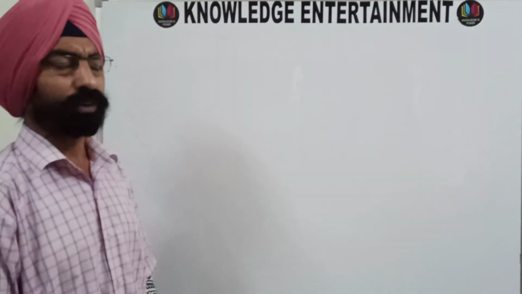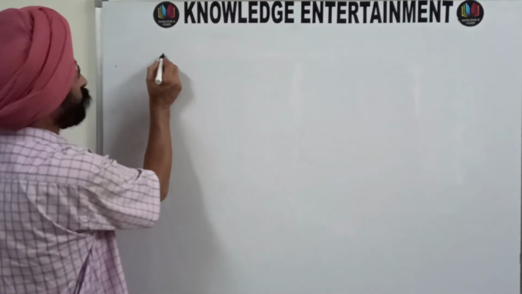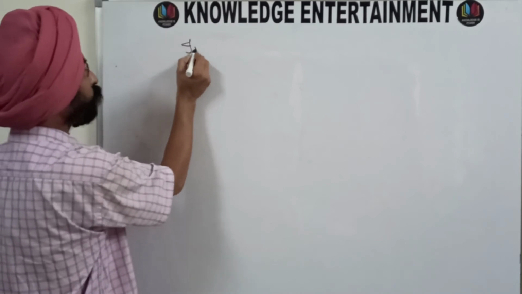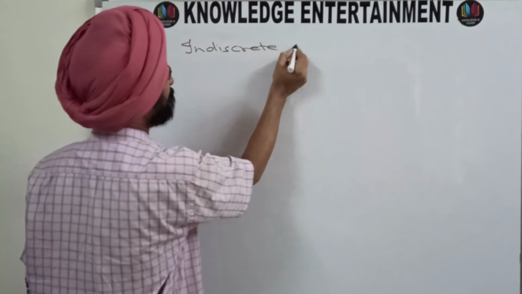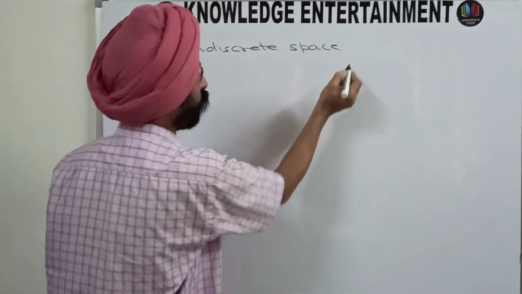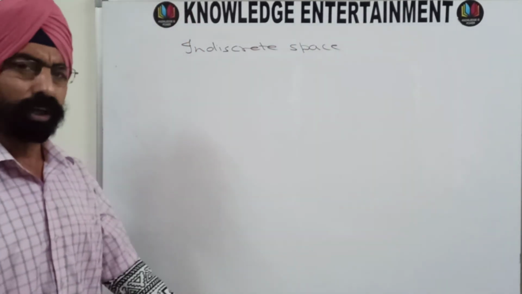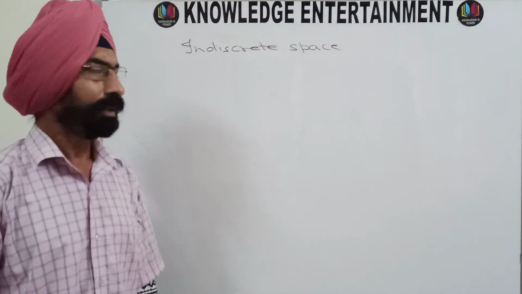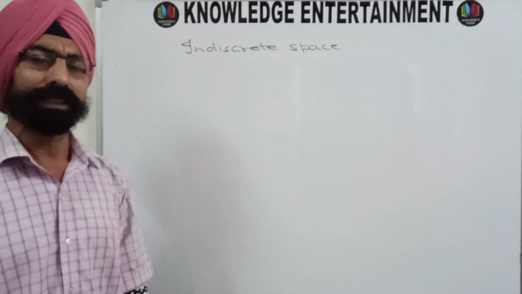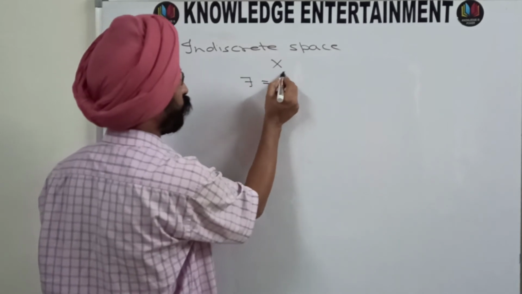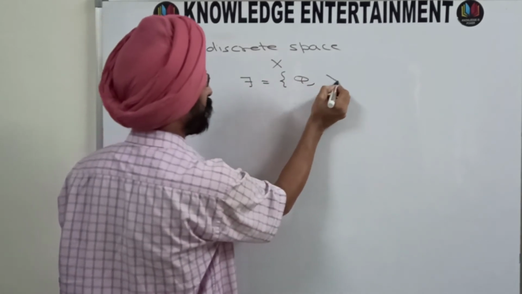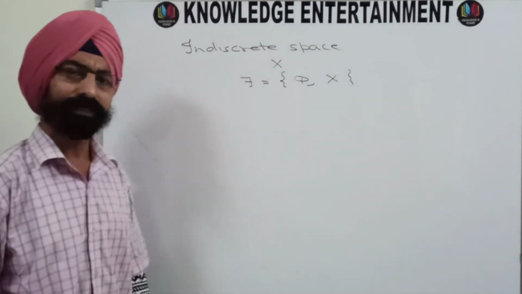Another question I'm going to take is, what about the indiscrete space? Is it normal or not? Because we are basically doing normality, we have to check whether the indiscrete space is normal or not. You take any set X and the indiscrete topology, you know that it contains only two sets, phi and the set X itself.